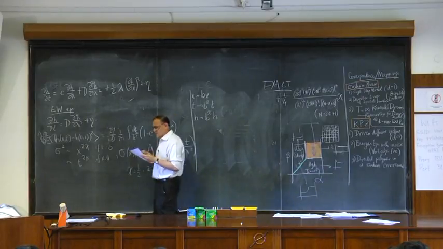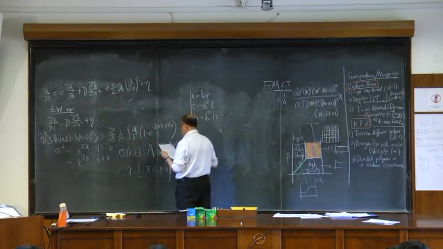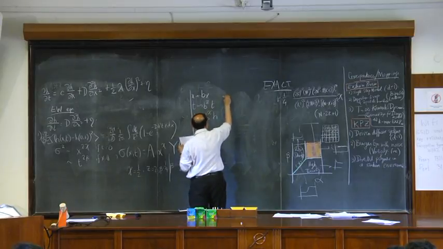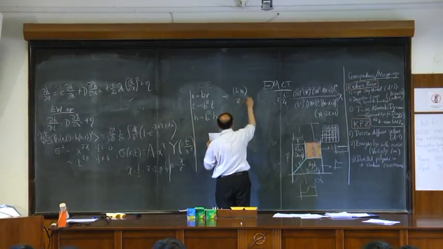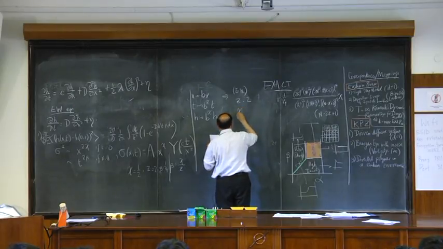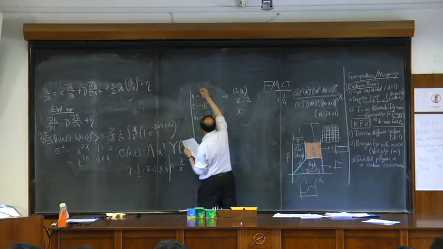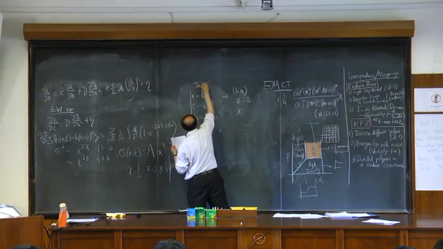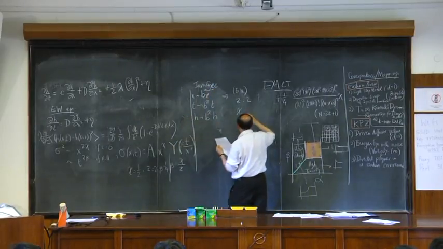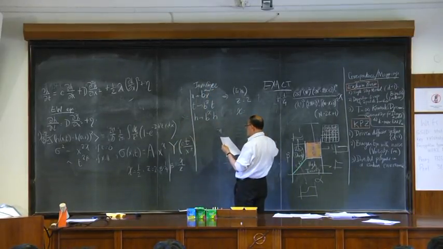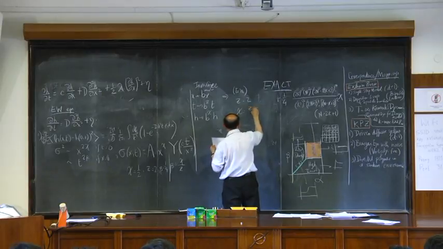So what we had is, for the Edwards-Wilkinson problem, z equals 2, and invariance under this implies chi equal to z minus d over 2.